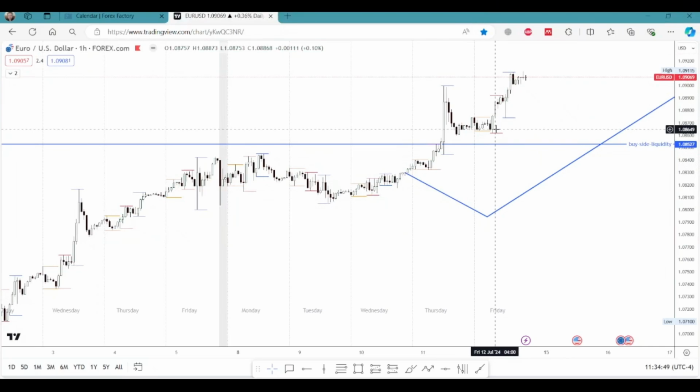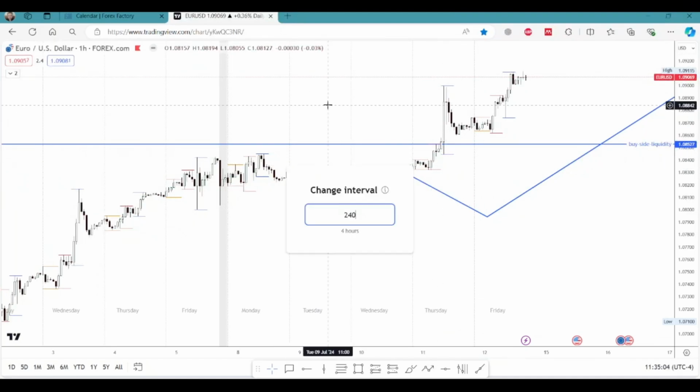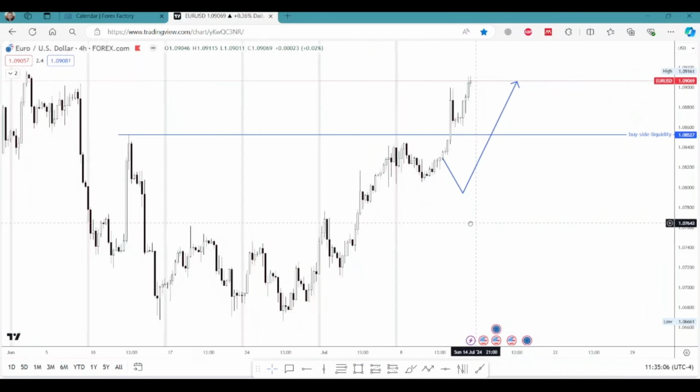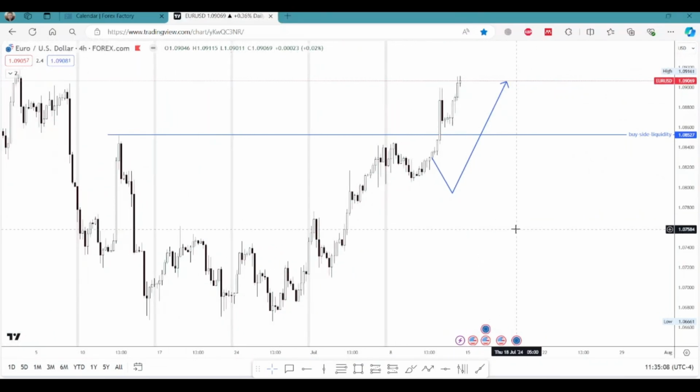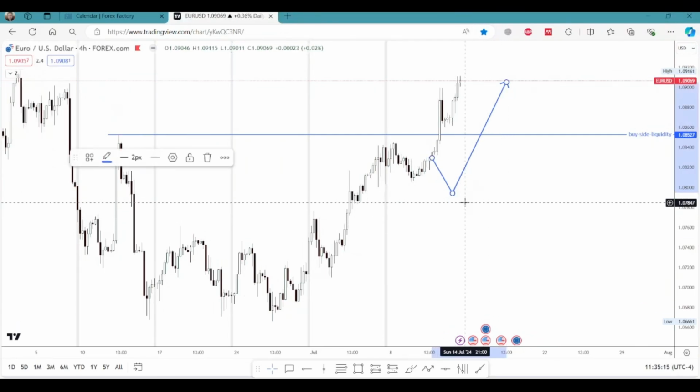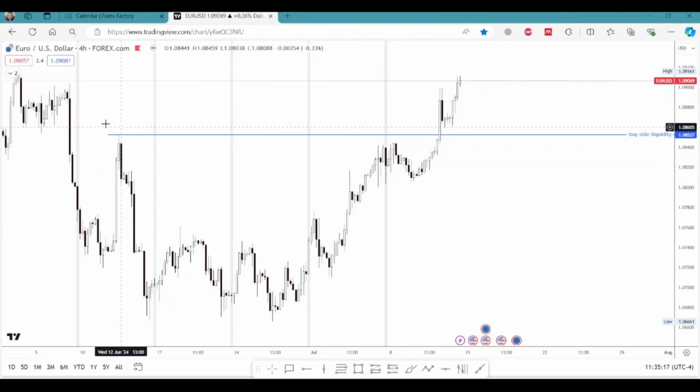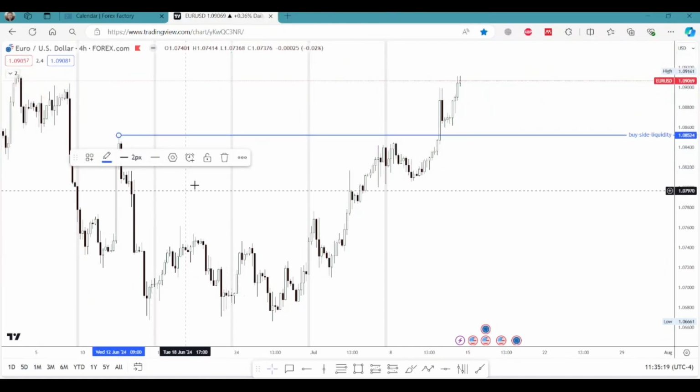Although when PPI news was released on Friday, it took a dip, and I was kind of hoping that it would come down at least towards this block, but it didn't, and it just kept going up. So sometimes you get it wrong. That's all right, it's a part of the game. The only thing you have to be careful and mindful of is that you don't lose a lot of money when you're wrong. And if you're taking care of that, that's okay.